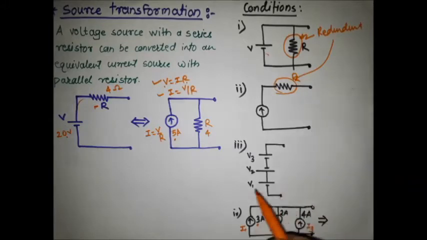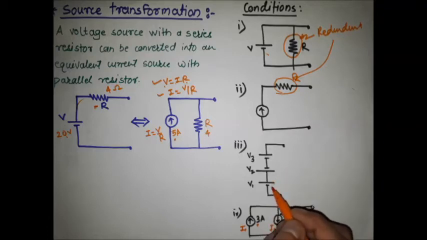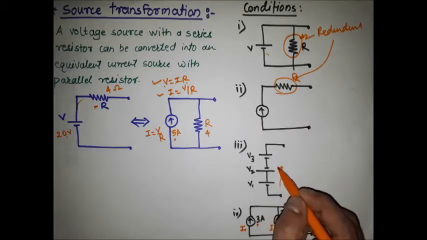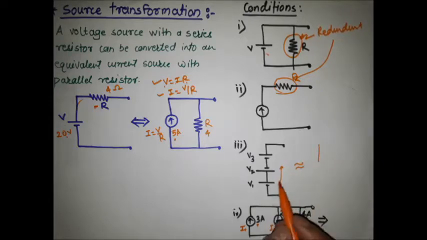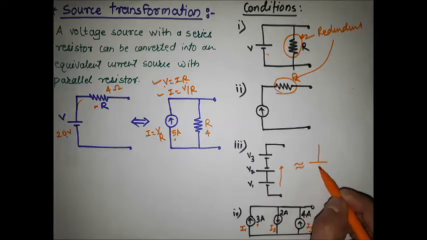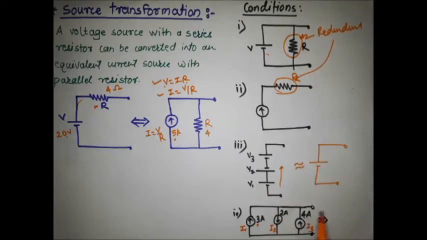Then if there are voltage sources in series, we are adding them directly. So simply here we have to see the polarities. Likewise, suppose I am going like this from this terminal to this terminal, so simply the circuit will be like this. See here, the final voltage which I have to find out, which is V, is equal to, see here, the current direction which I have considered, so simply it is plus V1.